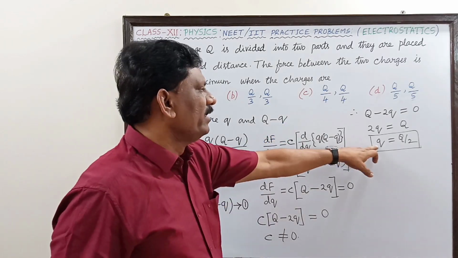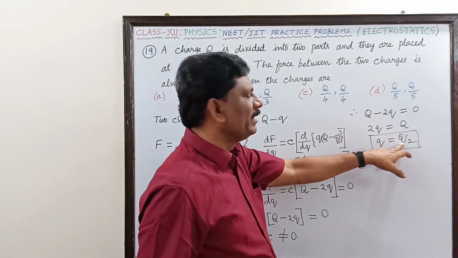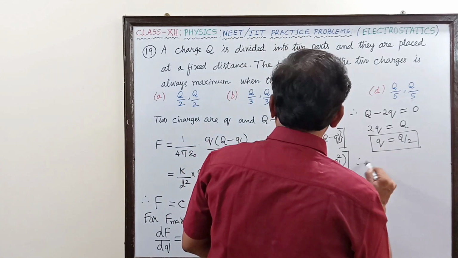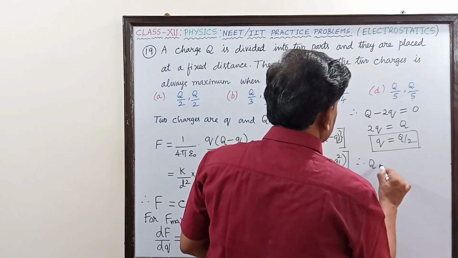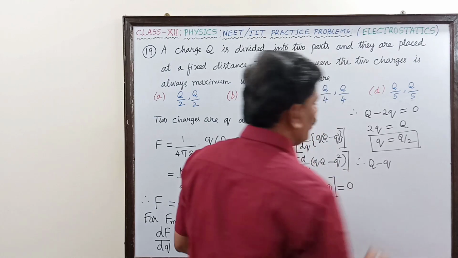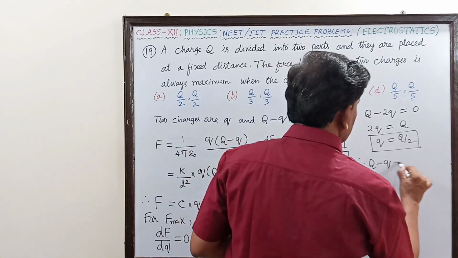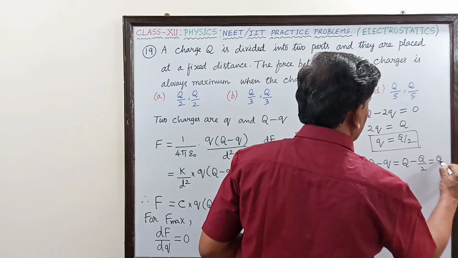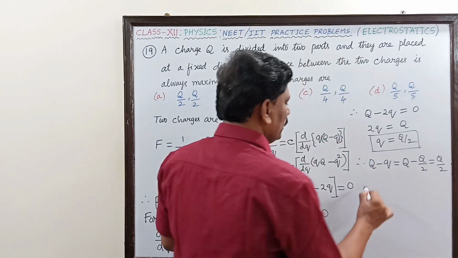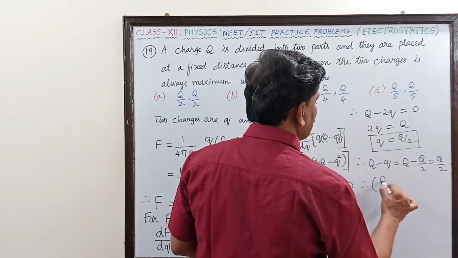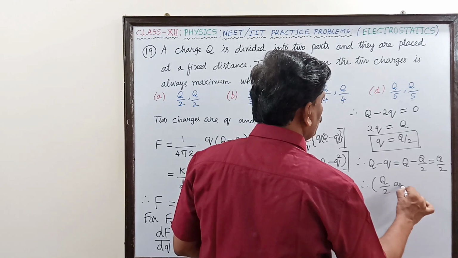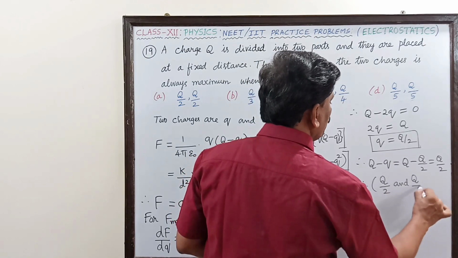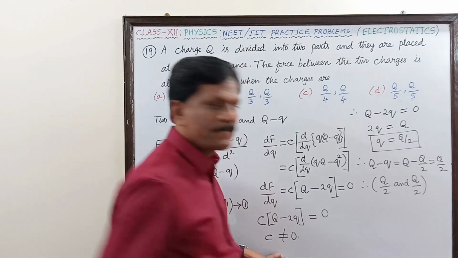The value of small q is equal to capital Q by 2. Therefore, the other charge, capital Q minus small q, is equal to Q minus Q by 2, which is also Q by 2. Therefore, the two charges must be Q by 2 and Q by 2.